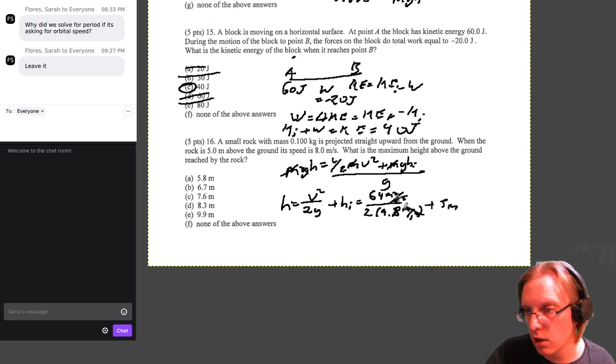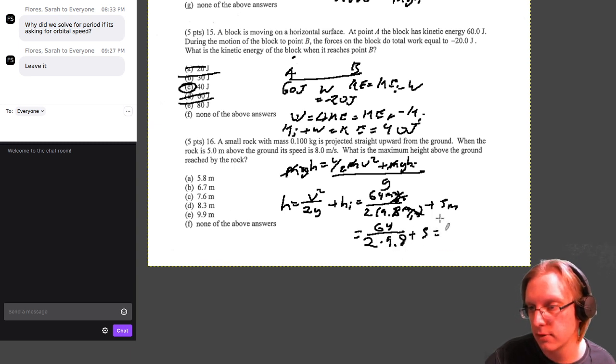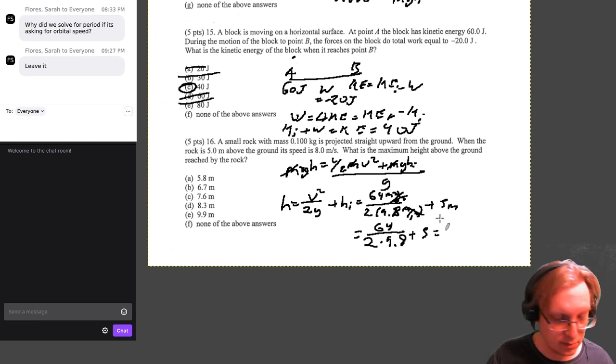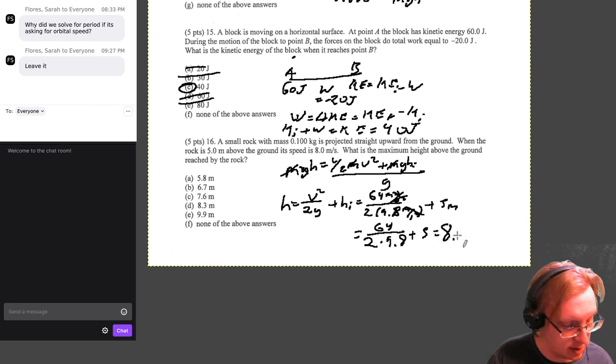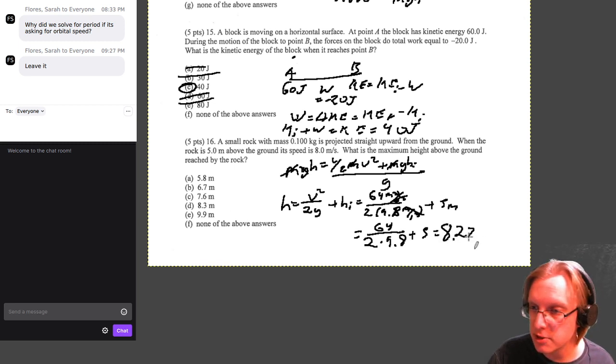This cancels with all of that, leaving us with 64 divided by 2 times 9.8 plus 5. 64 divided by begin, 2 times 9.8, end plus 5. 8.27 meters. Rounds to 8.3 meters.